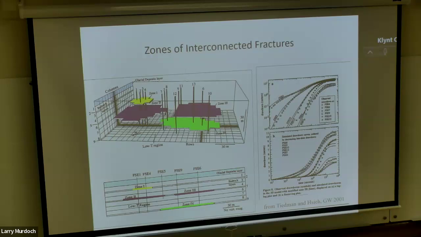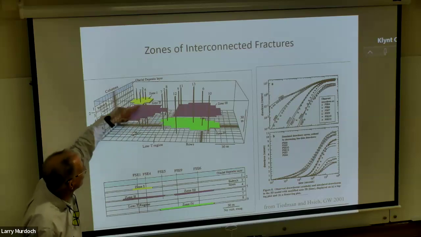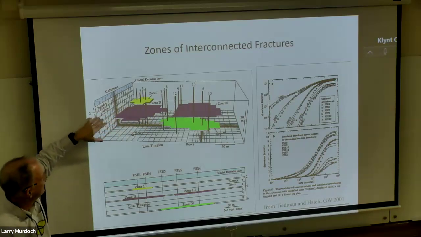And what seems to be the case is that in the subsurface, there are zones of interconnected fractures that sometimes may go and intersect a stream, but in other cases, they're just kind of isolated and are these permeable zones that are kind of individual hydrogeologic units.